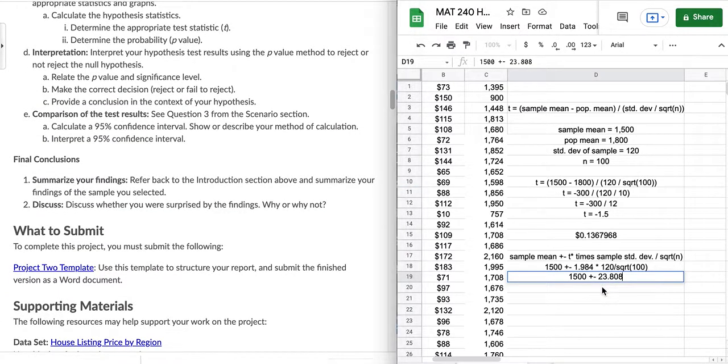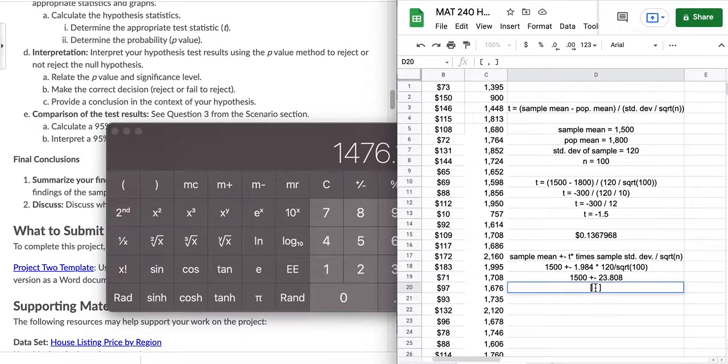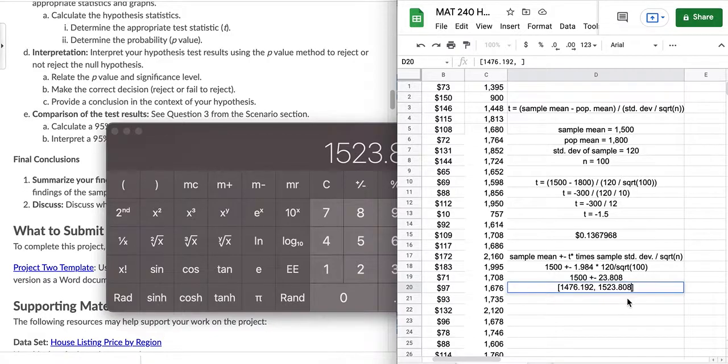You do that once for addition, once for subtraction. So I'm doing 1,500 subtracted by my margin of error, and 1,500 plus my margin of error. Okay, and there's my 95% confidence interval.